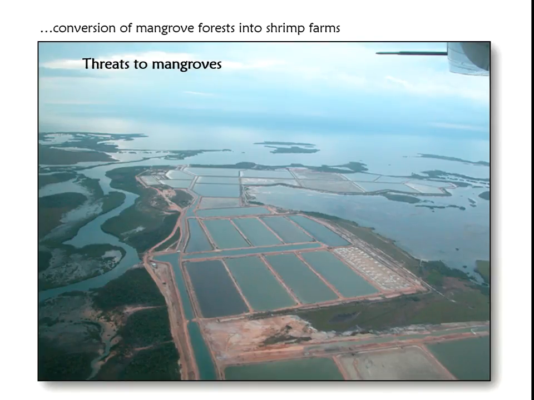They were going out with these giant machines and digging ditches and piling the soil up to create dikes encircling these mangroves. And then they filled those enclosed areas full of water. Well, mangroves live in this salty water, but they need to be flushed.